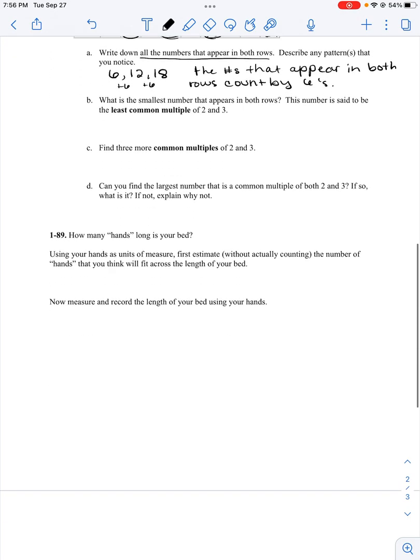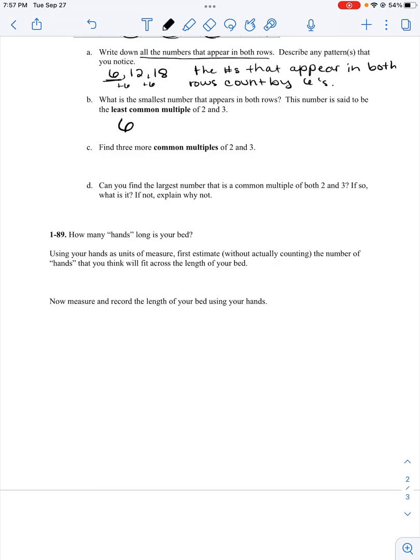The smallest number that appears in both rows, well, the smallest one was 6, so it's 6. 6 is the least common multiple, meaning it has the smallest value and 2 and 3 both go into it. We will also see least common multiple written as LCM.